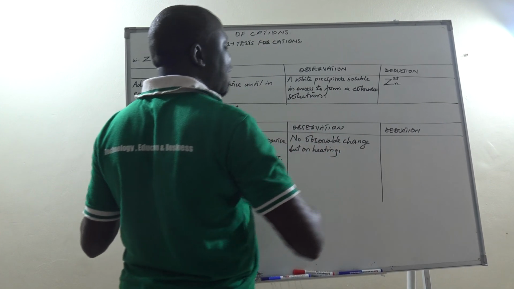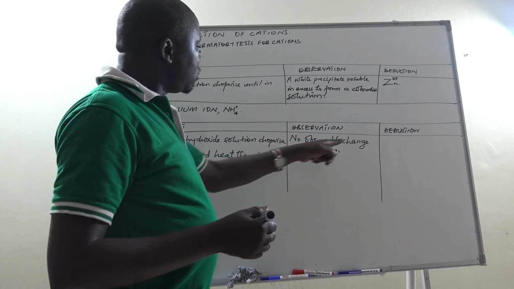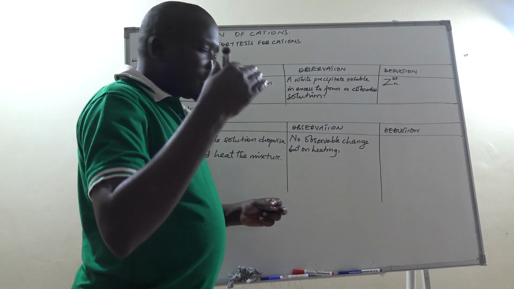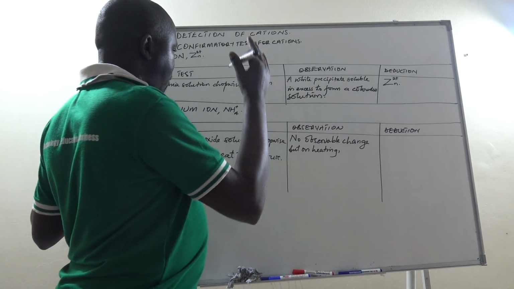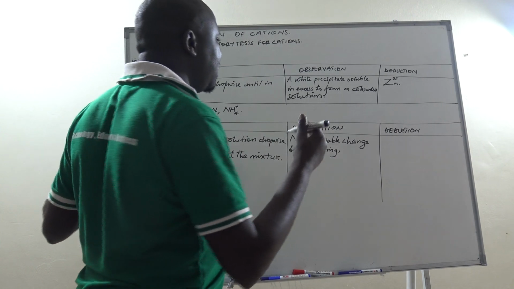ammonia gas is produced. But we don't have to say that it is ammonia which has been produced. We need to talk about the characteristic properties of the ammonia gas that will make us able to identify it very easily.